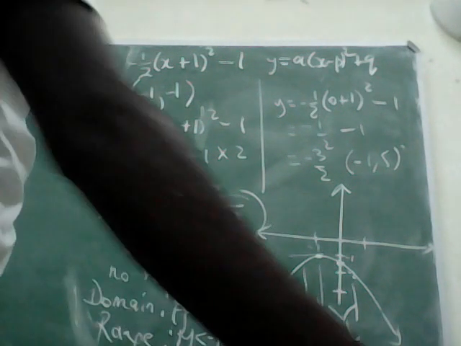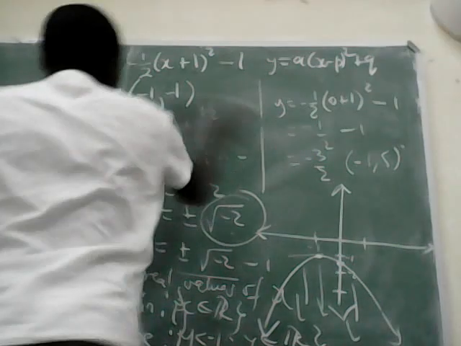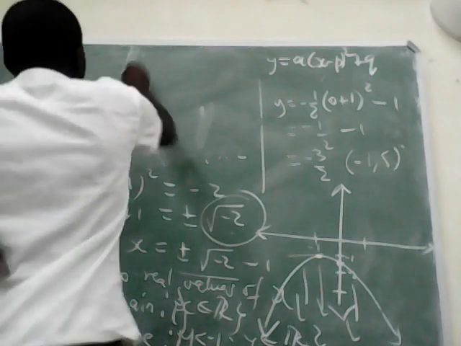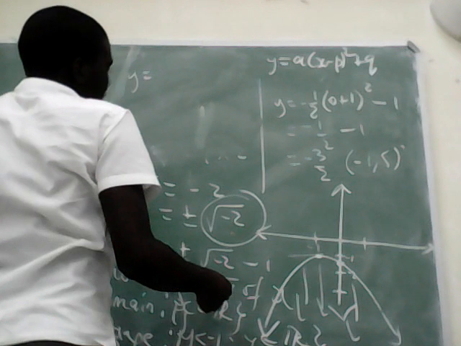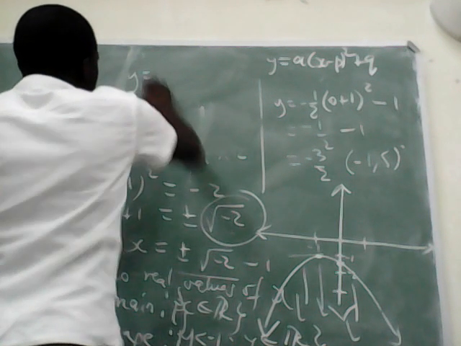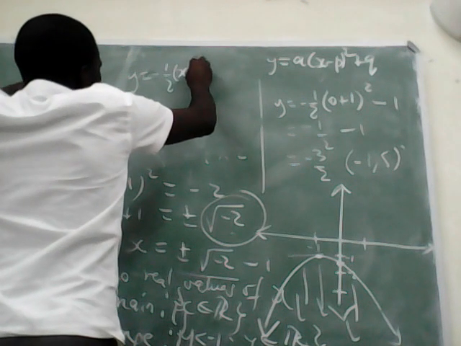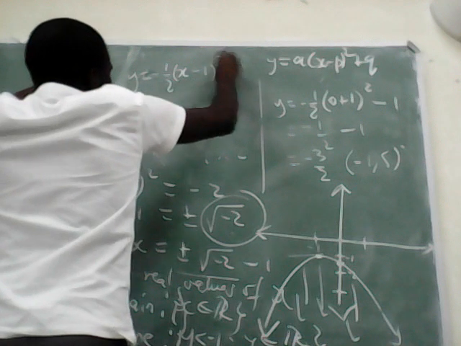Sometimes they can do this in your exams. You can say y equals, what is the equation here? It is minus half (x minus 1) squared plus minus 1.